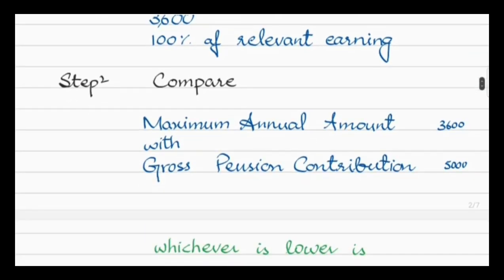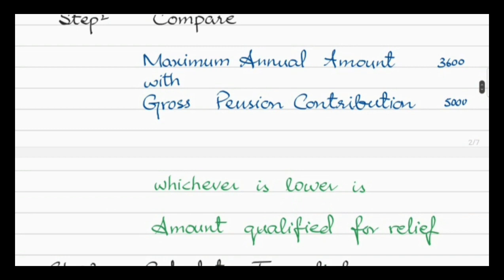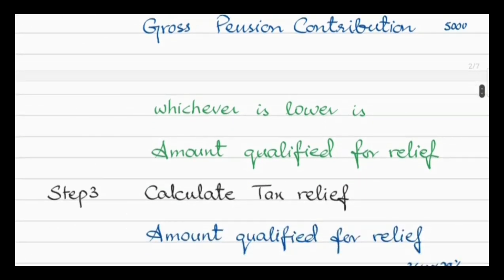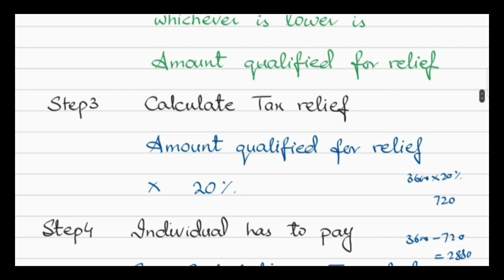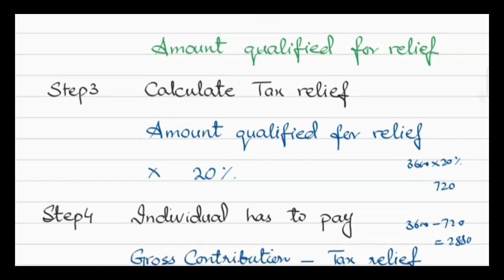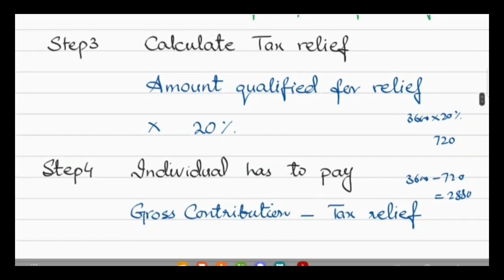Compare this 95,000 with the gross pension contribution, which is 40,000. Whichever is lower is amount qualified for relief, and it will be 40,000. To calculate the tax relief, multiply this 40,000 by 20% and you will get the tax relief amount 8,000.